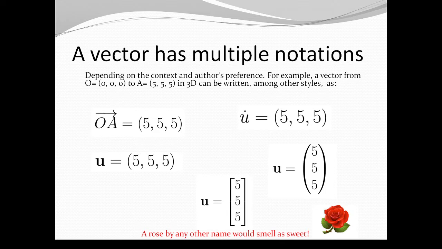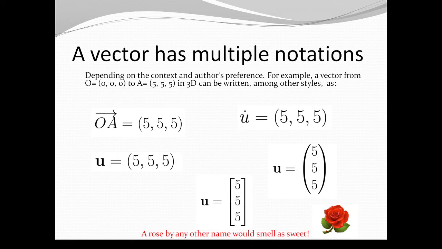In textbooks and publications, there are many types of notations for the concept of vector. It really depends on the context and the author's preferences. As long as we understand the idea, it really does not matter at all.